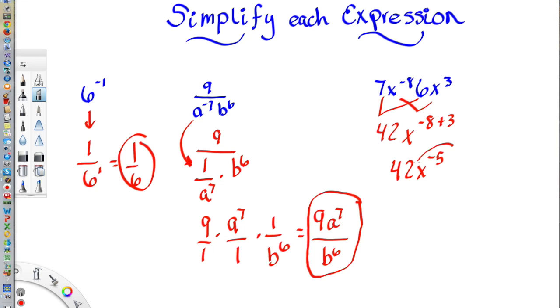Okay, I've got a negative exponent here, which says I need to change that to a fraction, which is going to be 1 over x to the 5th power. I bring down my 42. So it's 42 times that, which is going to be 42 over x to the 5th power.